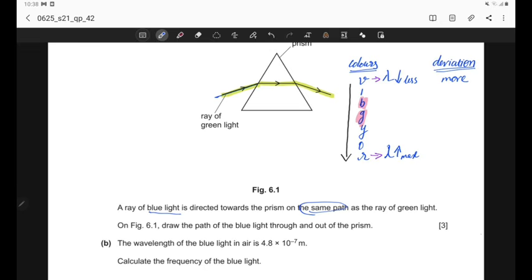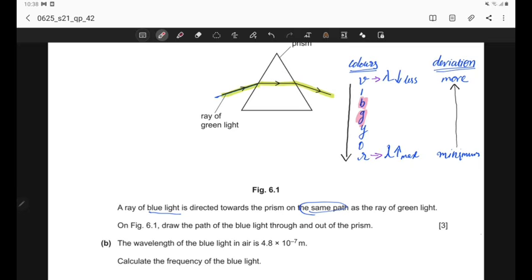So for any color, if its wavelength is less, it will deviate more. So the deviation will keep decreasing as wavelength increases, and we have seen red color has the maximum wavelength, so the deviation will be minimum. So we can say the deviation will be maximum for the colors which have less wavelength.